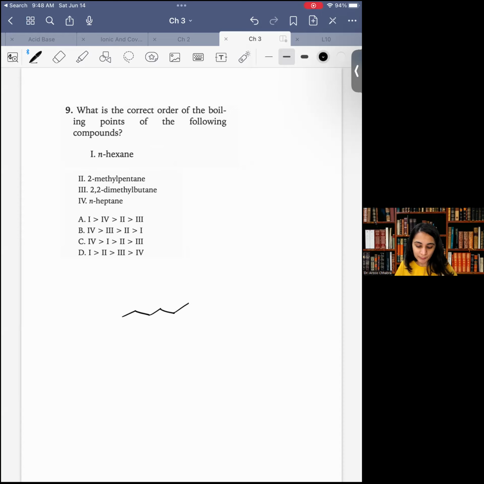So number 4 would have the highest boiling point, so either option B or C. Then the next is 2-methylpentane, and next is 2,2-dimethylbutane, where at the second carbon we have two methyls.